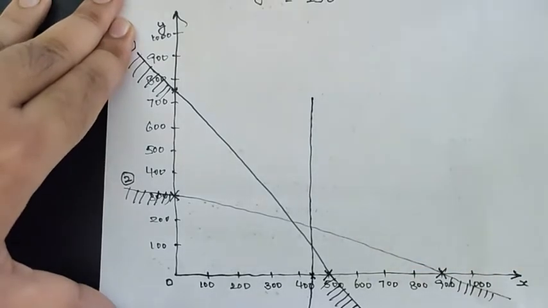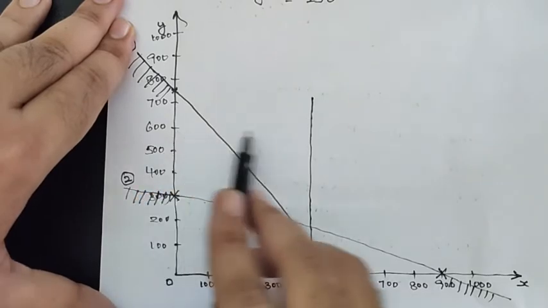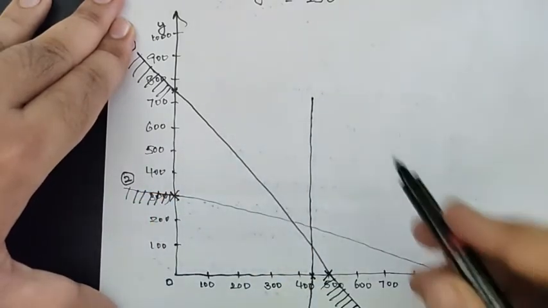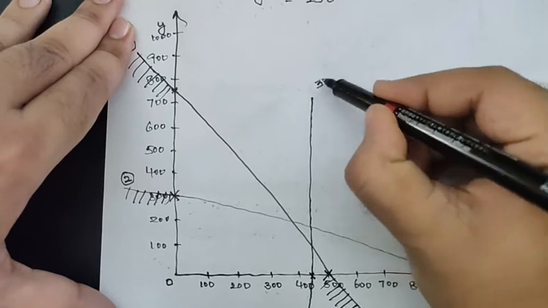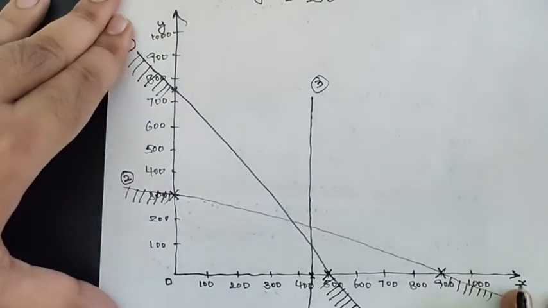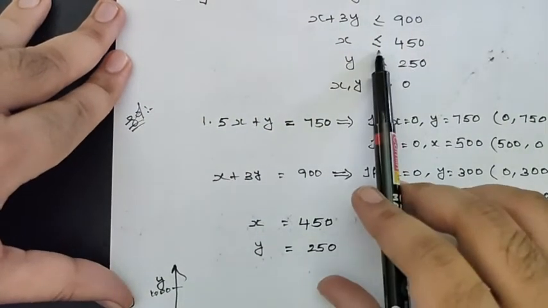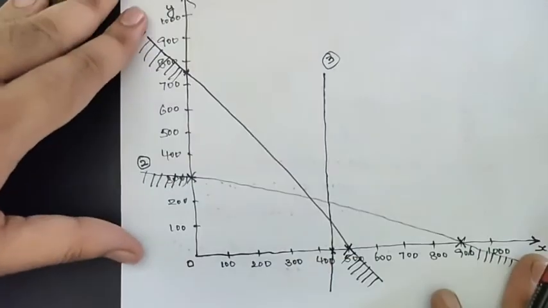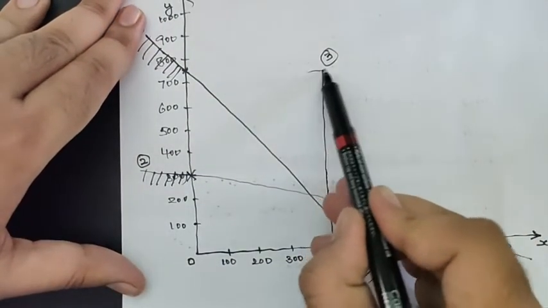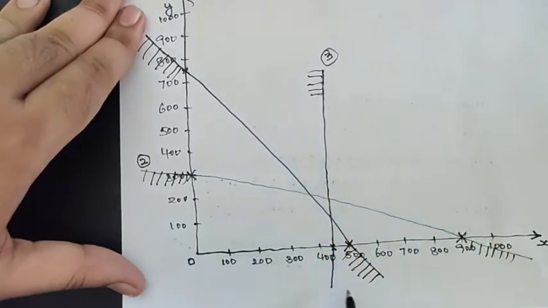So that means if y is 0, x is 450. If y is 100, x is 450. If y is 200, x is 450. If y is 600, x is 450. Right? So that means for any value of y, x is equals to 450. So that is the constraint. So what is the type of constraint? Less than or equals to type. So the region is completely left side of the line. If greater than is there, the region is completely right side of the line.